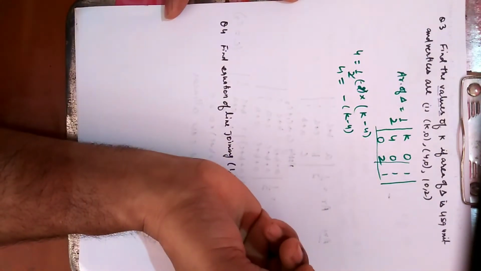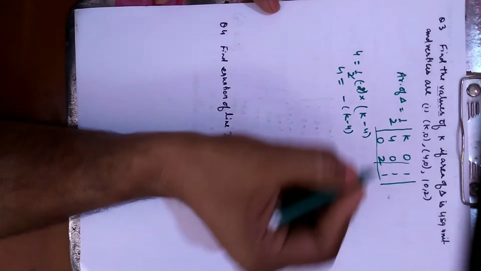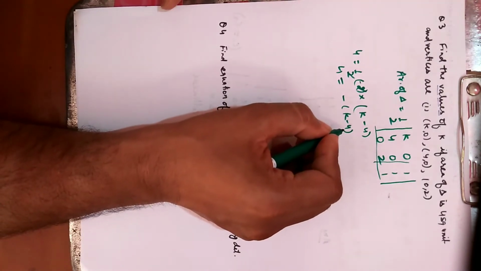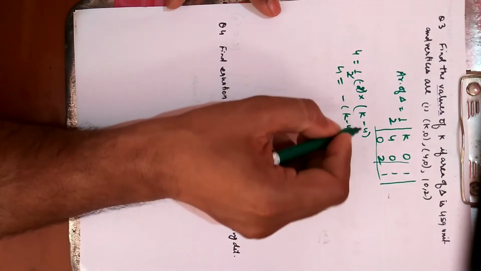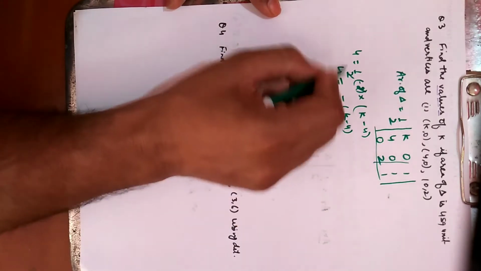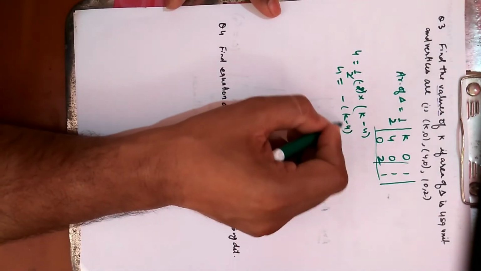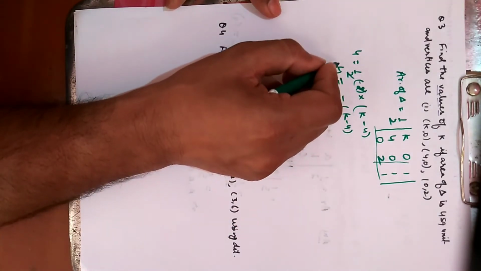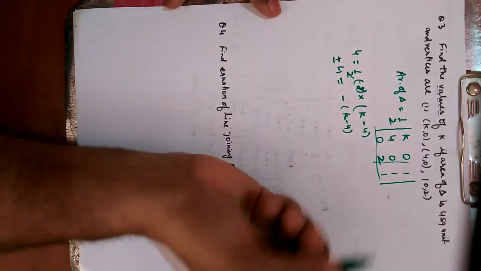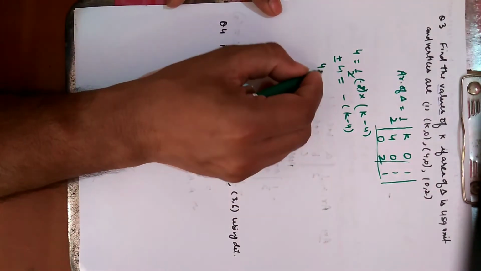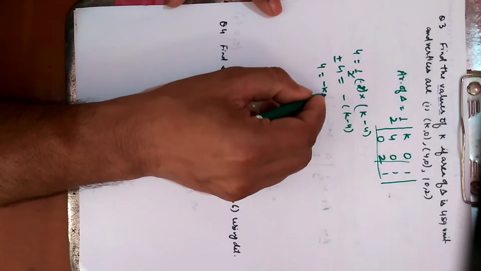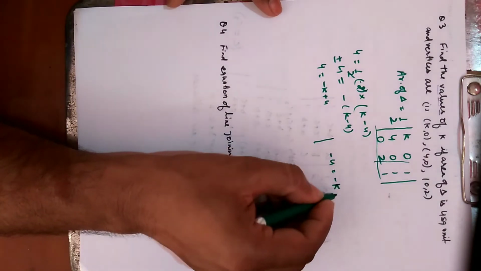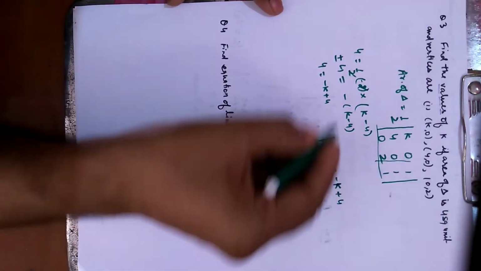Now you don't know what the value of k is. Most of the time what you are supposed to do, you have done in class 10th also in this type of question, because you don't know the value of k, and the area is always positive, you will always take plus minus here. So if you take plus minus, then take one equation, this minus k minus 4 equal to 4, and the second one minus k minus 4 equal to minus 4.